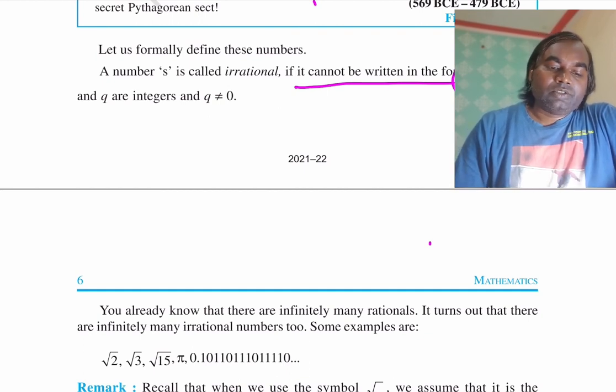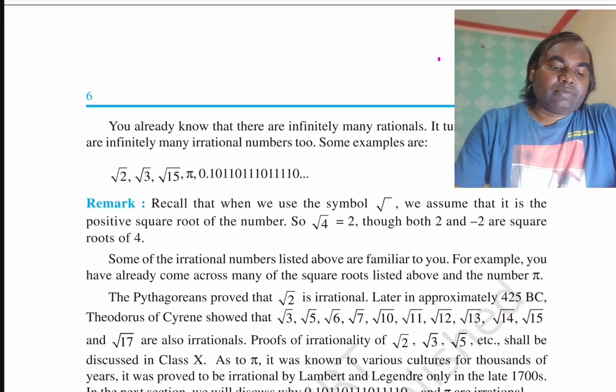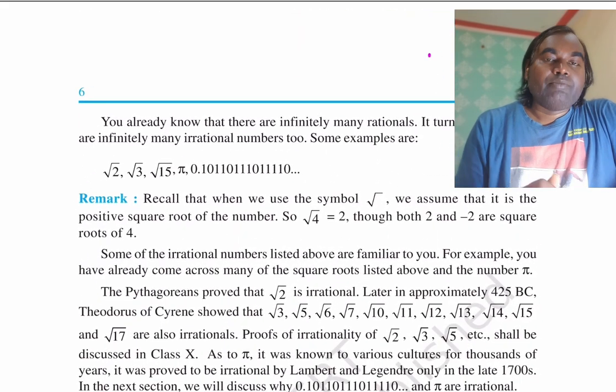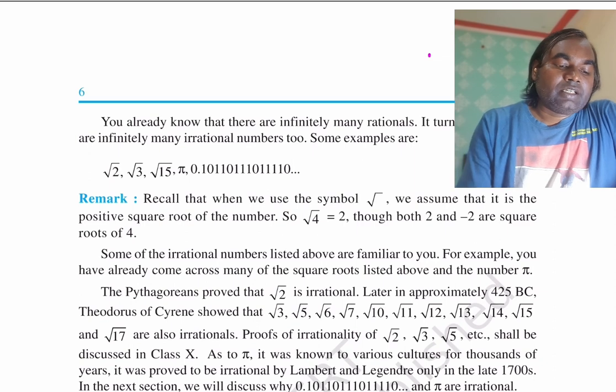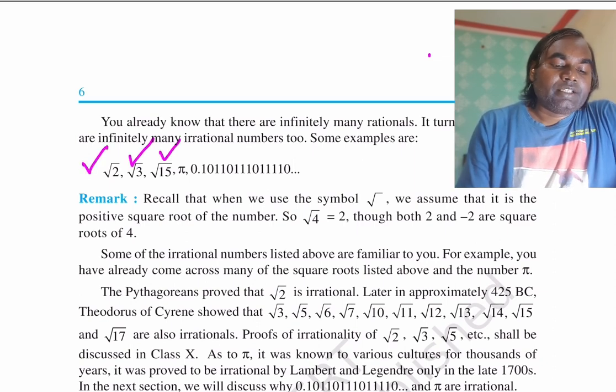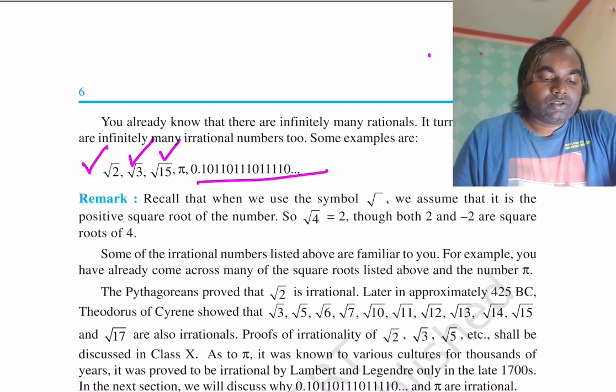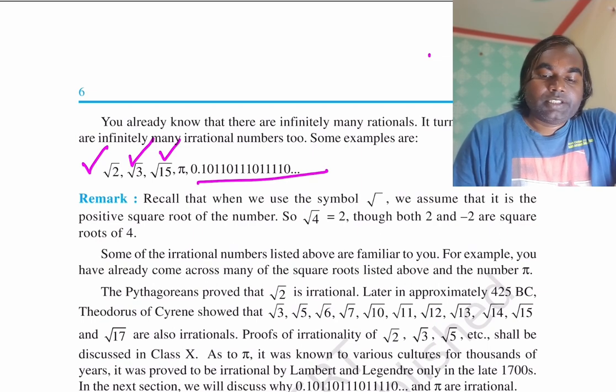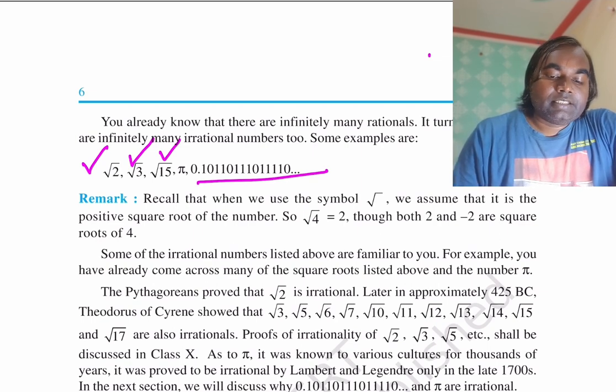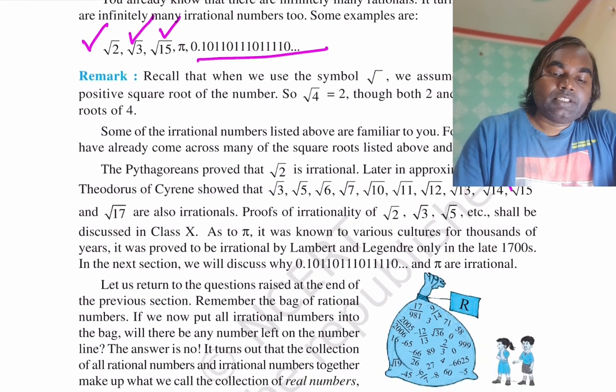I told you that there are many numbers which cannot be written in the form of p by q, and those are square root 2, square root 3, square root 15, pi, and so on. So children, we have studied till now about irrational numbers, and we write irrational numbers in terms of this radical sign.